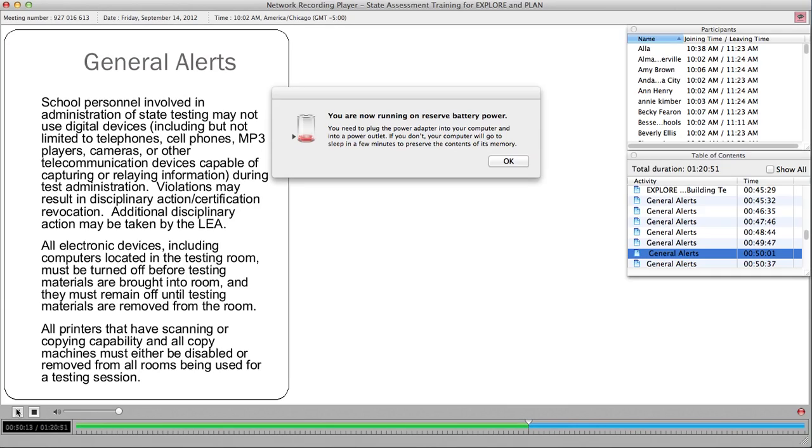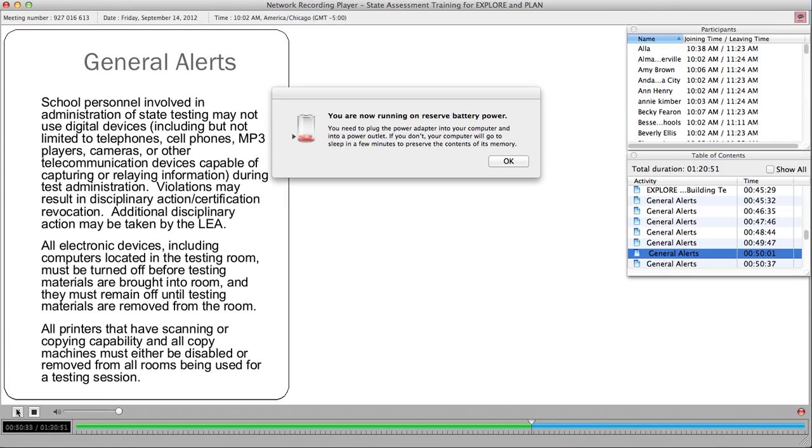Again, I have written for you the same policies relating to school personnel and their use of digital devices. This is just reprinted from what was in the training handbook, so make sure that everyone is aware of these procedures.